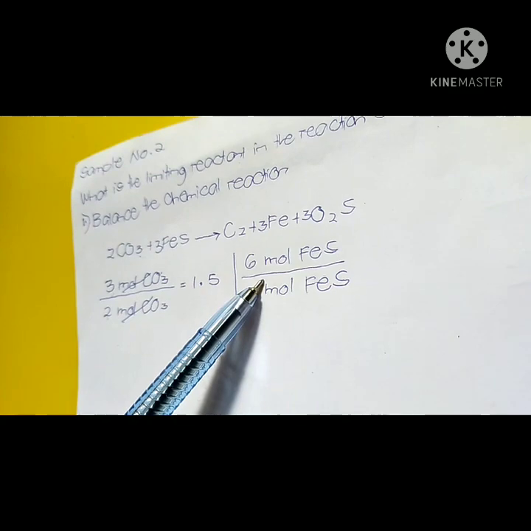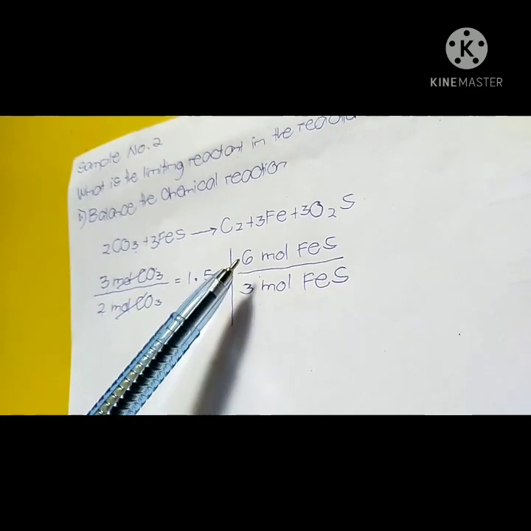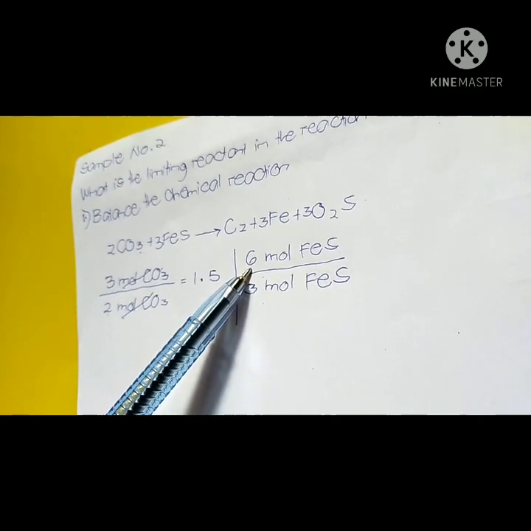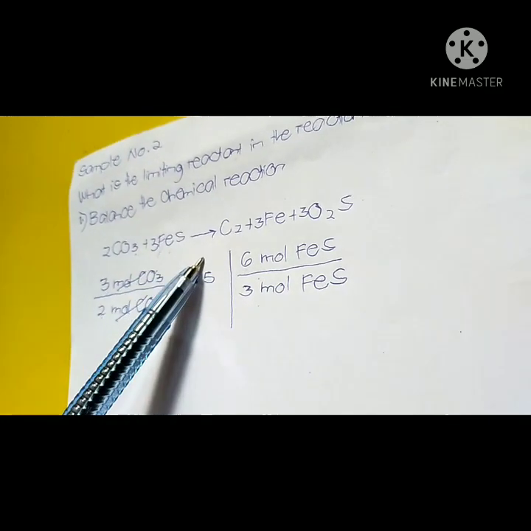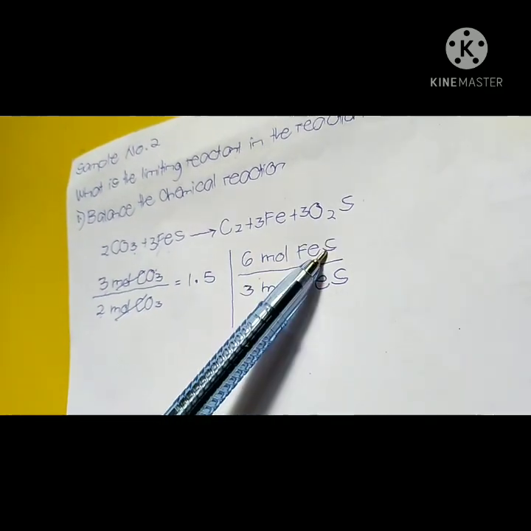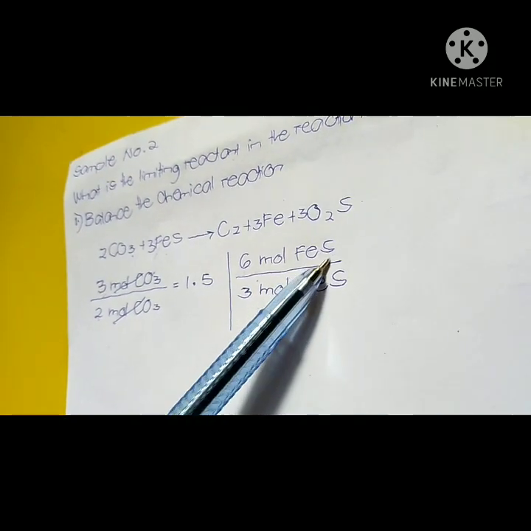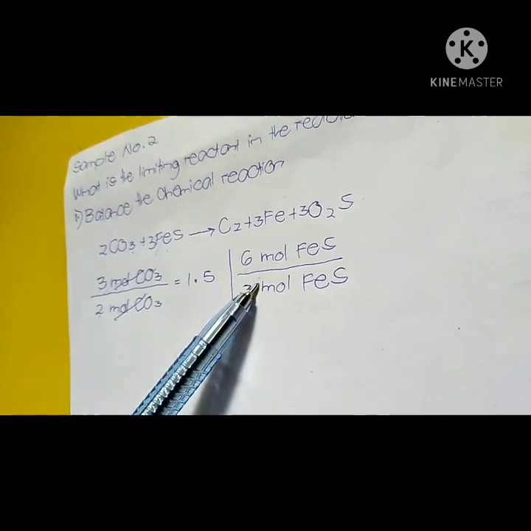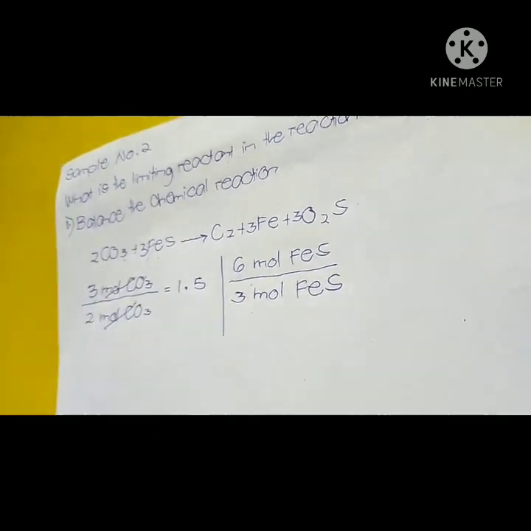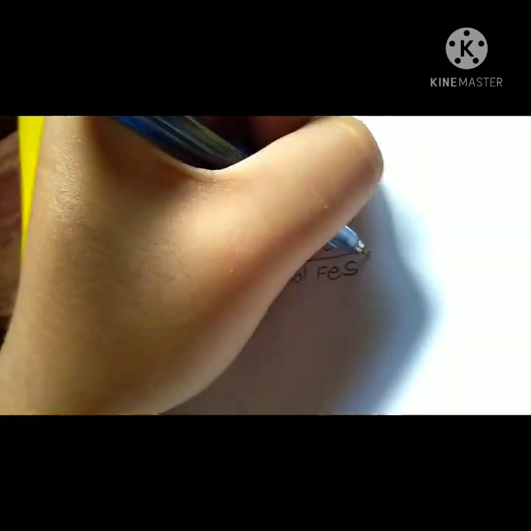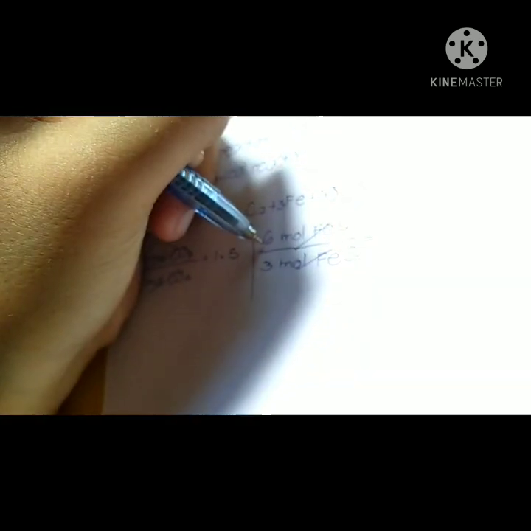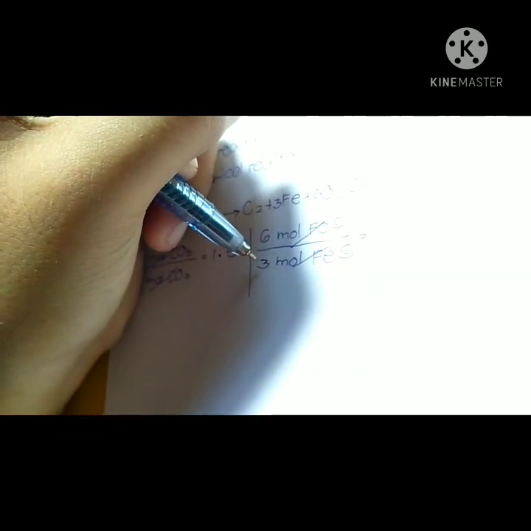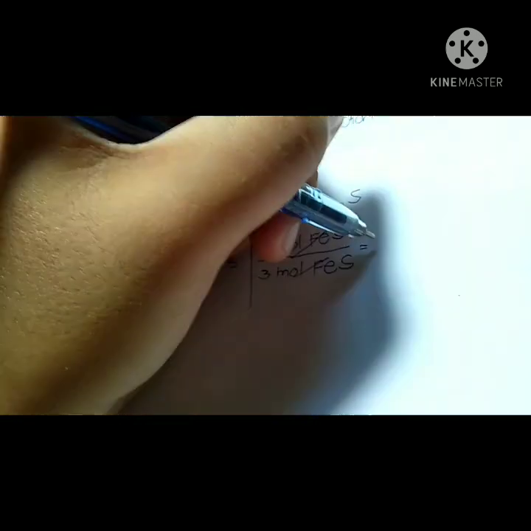The 6 moles of FeS is taken from the iron and the sulfur, and the 3 is its coefficient. So those cancel. 6 divided by 3 equals 2.